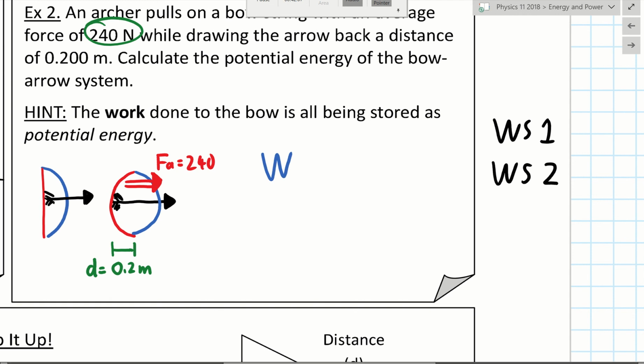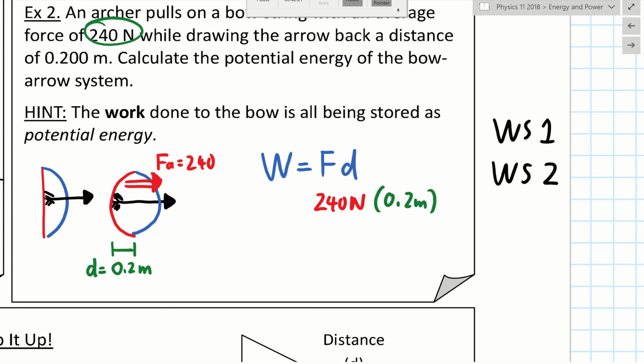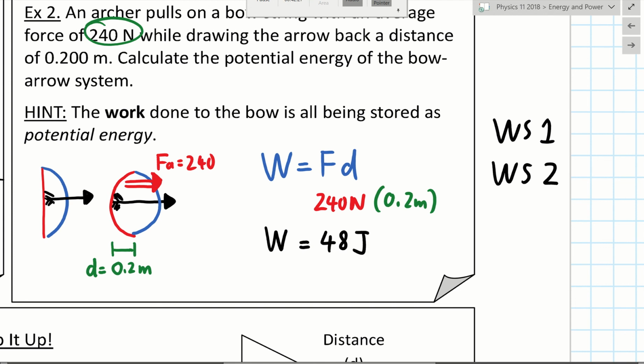So work done can also be force multiplied by distance. So in our case, the applied force is from the elastic spring, 240 Newtons, and the displacement is 0.2 of a meter. So at the end, the work done on the bow is 48 joules. Okay, right there.